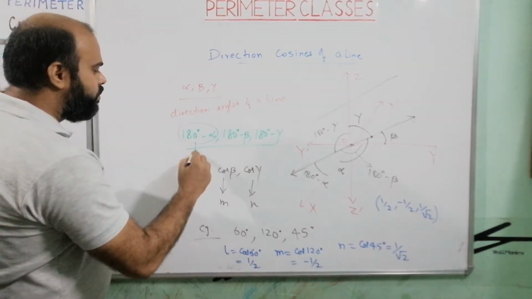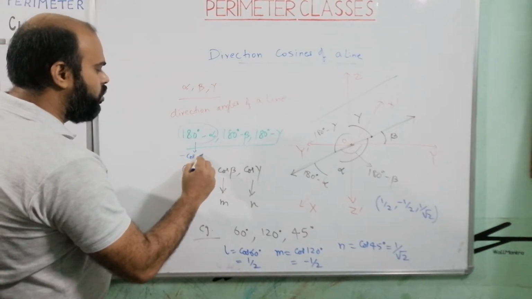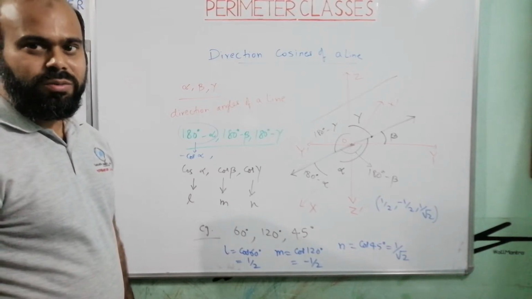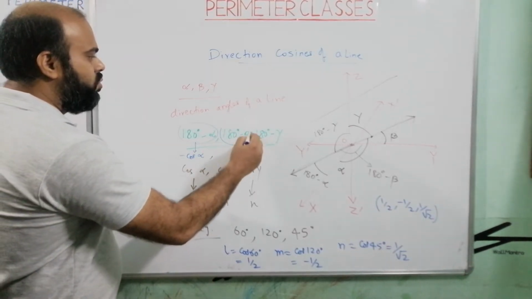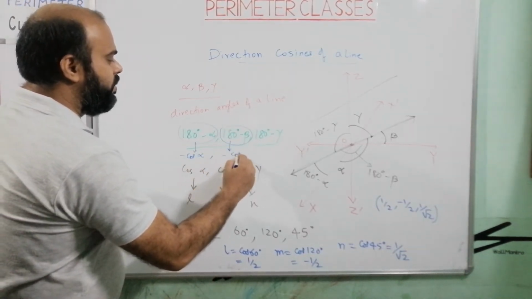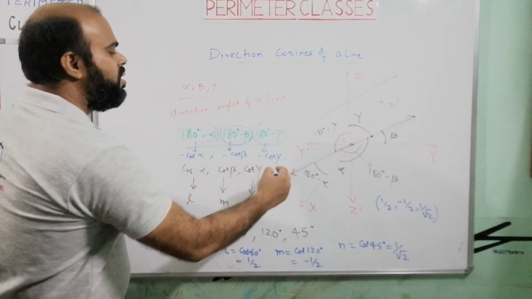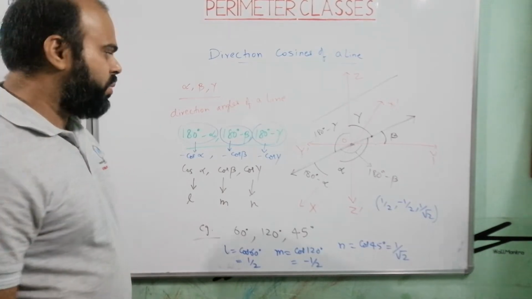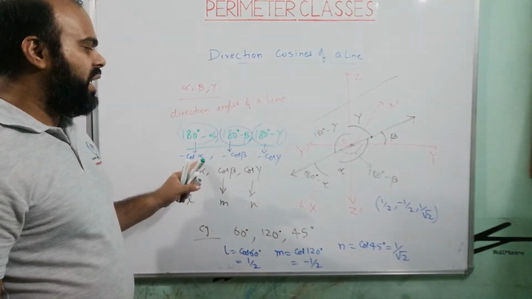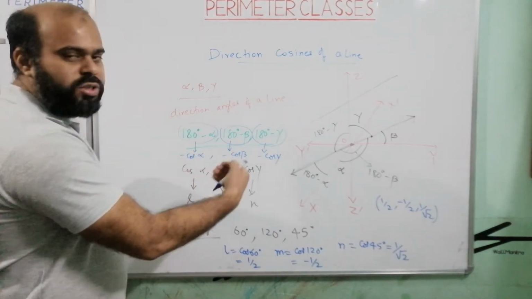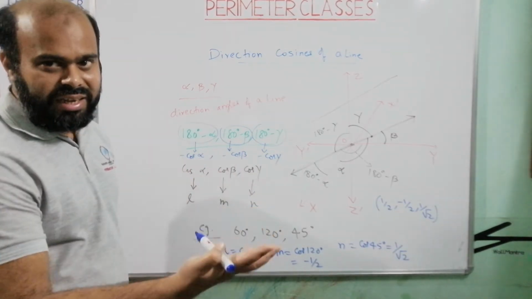This will give you minus cos alpha by allied angle rule of the trigonometry. This will give you minus cos beta, and this will give you minus cos gamma when you apply cos on them. So this will be actually minus L, minus M, and minus N, just opposite of L, M, N in sign.